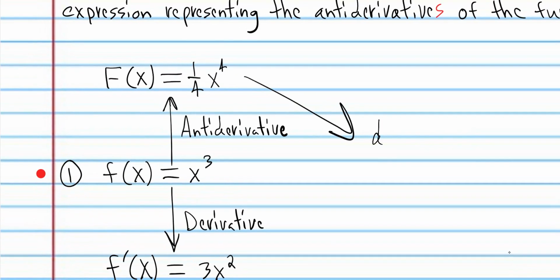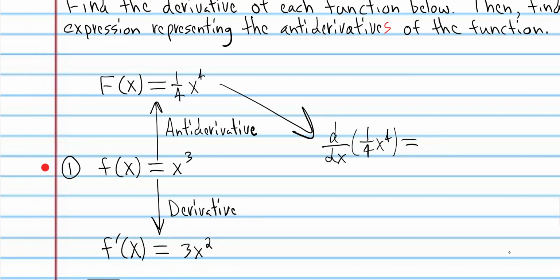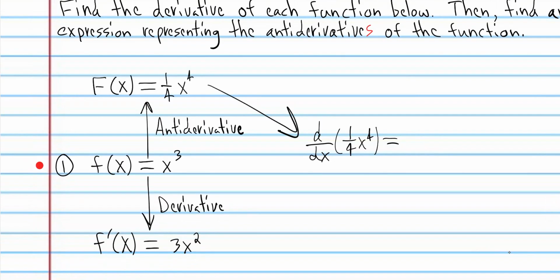So now let's find the derivative of 1/4 x to the 4th power. We're going to use the constant multiple rule, which tells us when you have a constant times a function and you're trying to find the derivative of that, the answer is the constant times the derivative of the function.